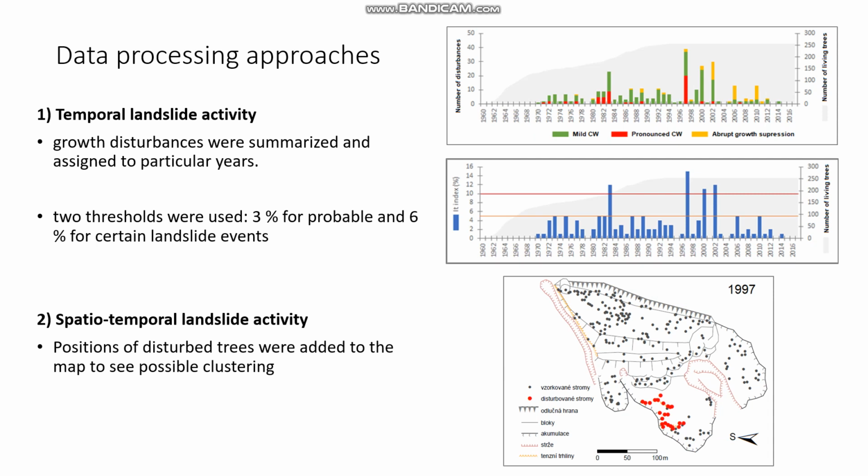That's why I added the position of the disturbed trees into the map to see their spatio-temporal pattern. Certain landslide years are just those years when disturbed trees have this logical pattern, like in the picture on the right, where you can see those trees clustering after the event in 1997.